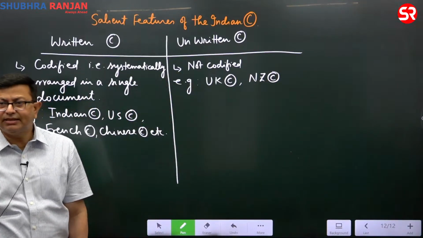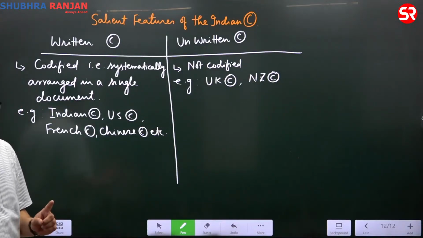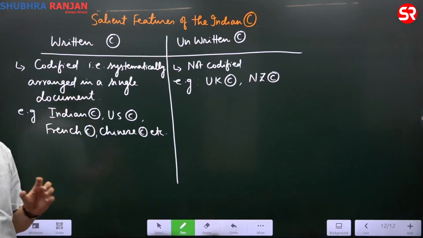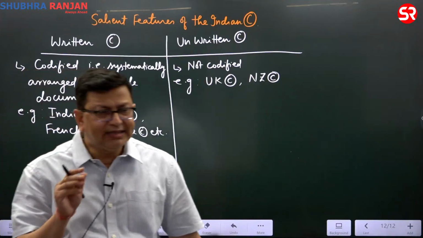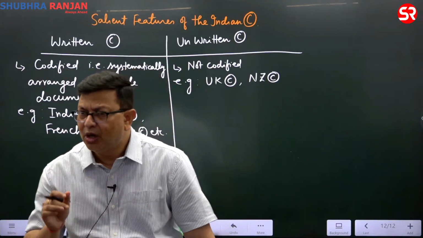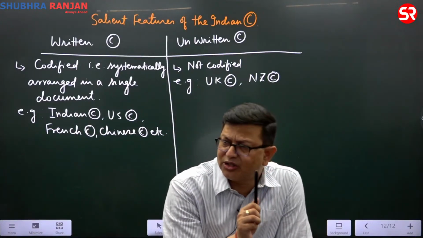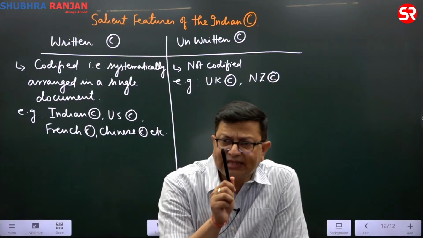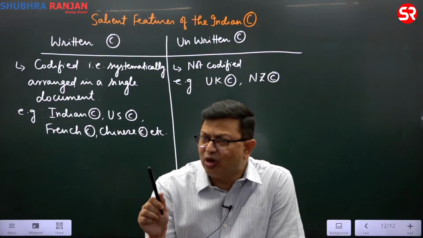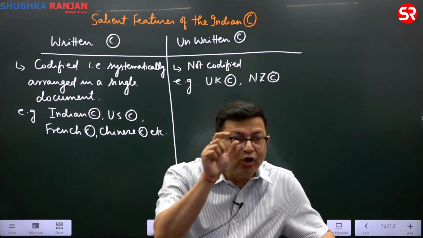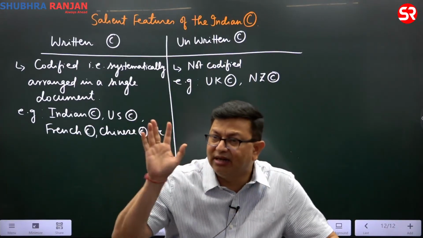This can be termed as the unwritten constitutions. Now, you can see that this particular document is the Constitution of America. One document can be termed as the Constitution of America or the Constitution of US. You can say that this document is the Constitution of France. This document is the Constitution of China. So one document can be termed as the Constitution of this country or that country.